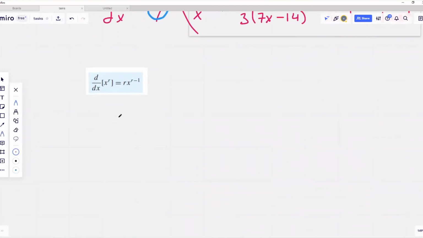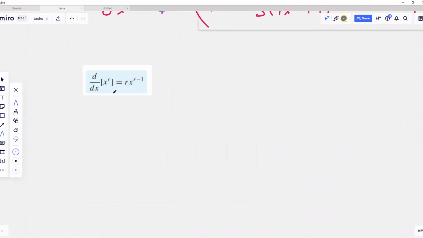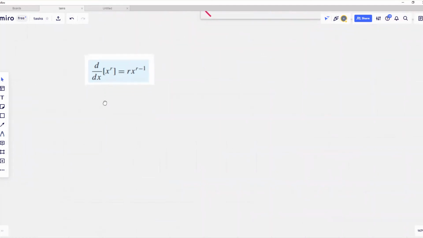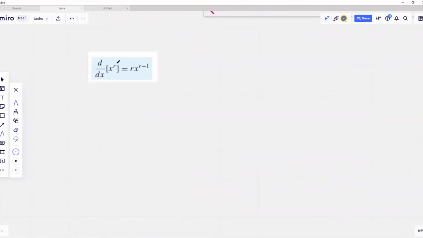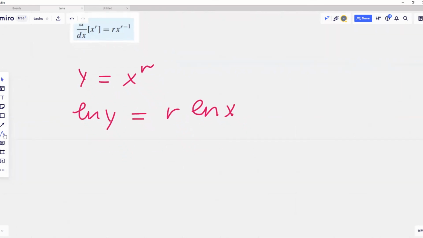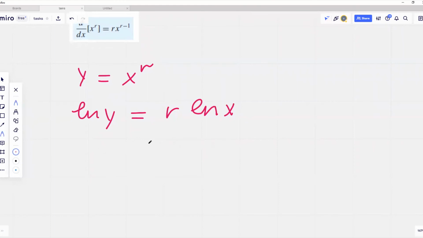Now we have seen the following derivative of x to the power of r, and we have said that we can set r to be any real number. Let's show why this is true. So y is equal to x to the power of r. Let's take ln from both sides. ln of y is equal to r ln of x. Now let's use implicit differentiation.